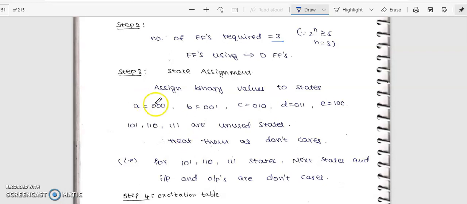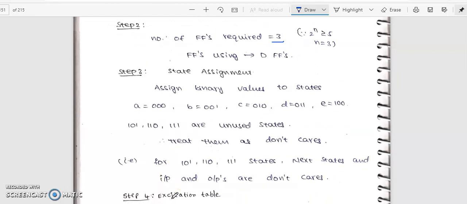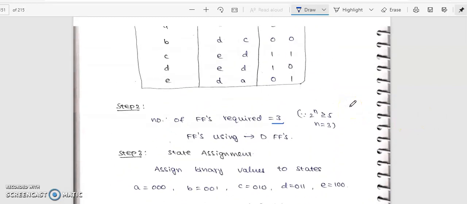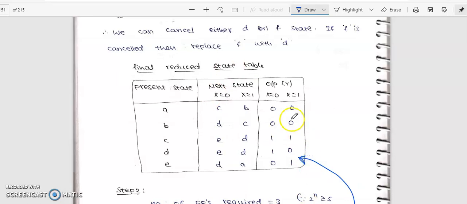So you can replace A, B, C, D, E with the states assigned here, from 000 to 100. After drawing the modified state table with the help of the state assignments, you have to change the columns X equal to 0 and X equal to 1 into a single column.